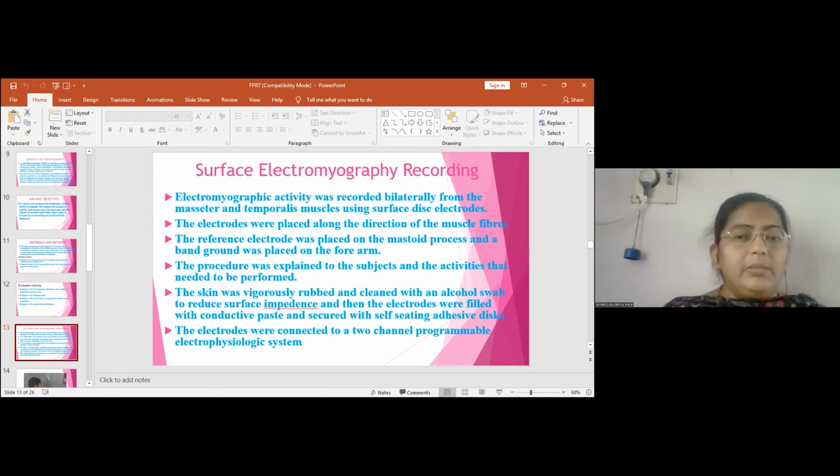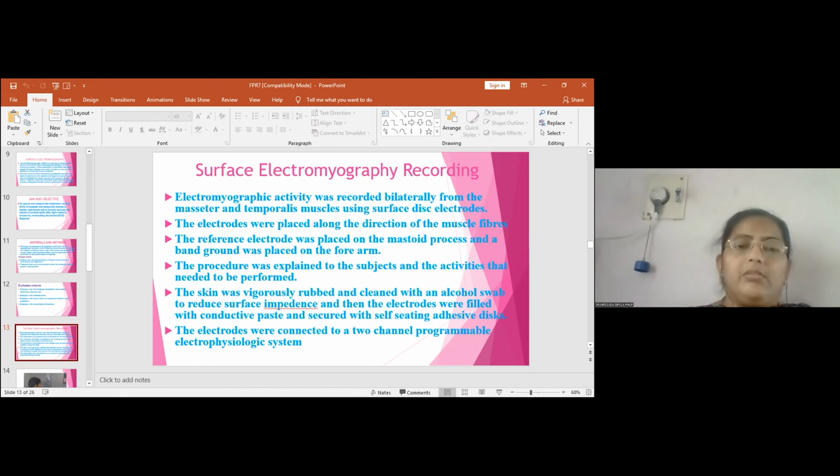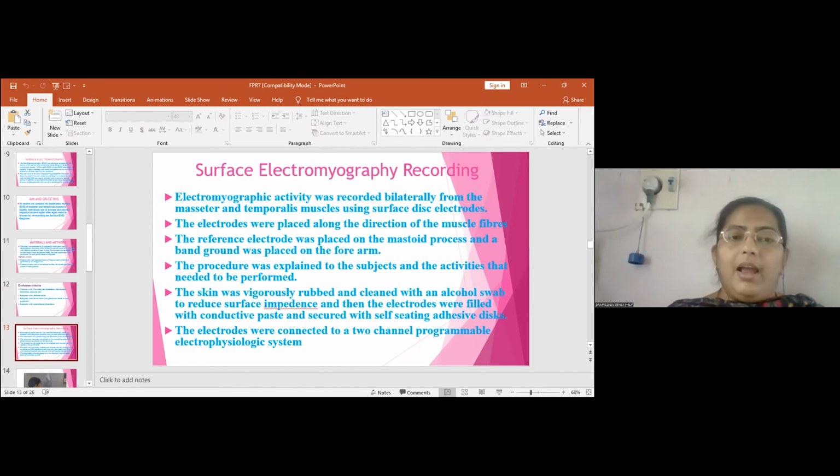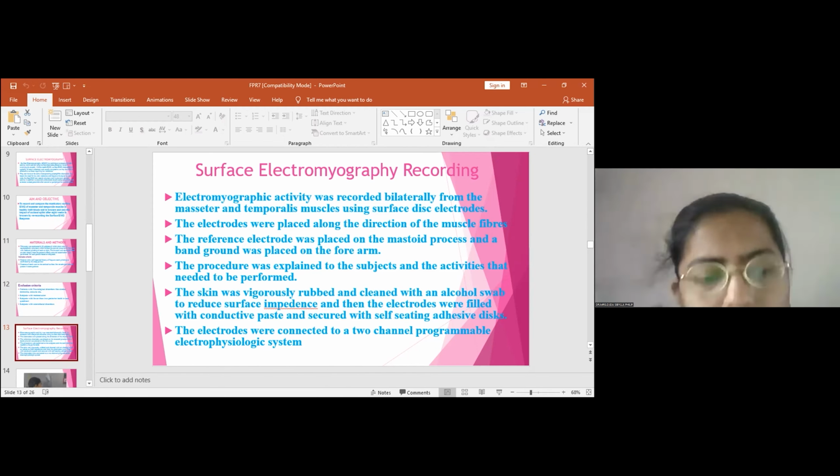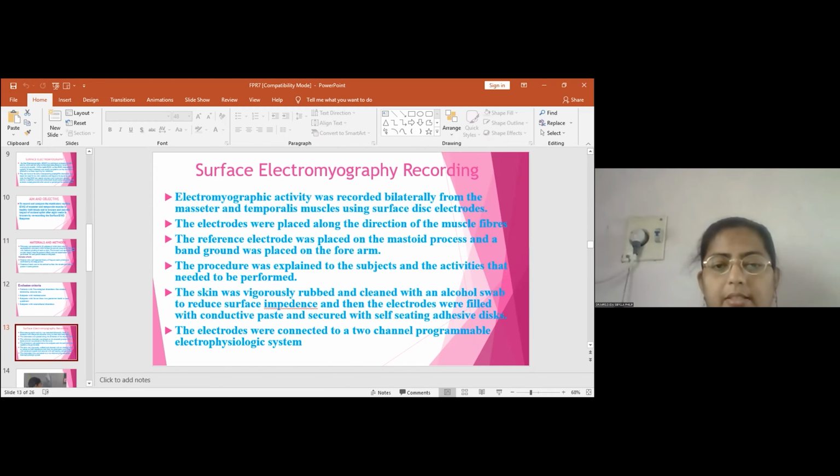The procedure and the activities that needed to be performed were explained to the subjects. For the physical activity, we had an oral task collector software, and the patients were asked to perform coughing, deep breathing, canine grinding, tooth tapping, etc. The skin was prepared by vigorously rubbing and cleaning with an alcohol swab to reduce the surface impedance, and then the electrodes were filled with conductive paste and secured with self-adhesive discs.